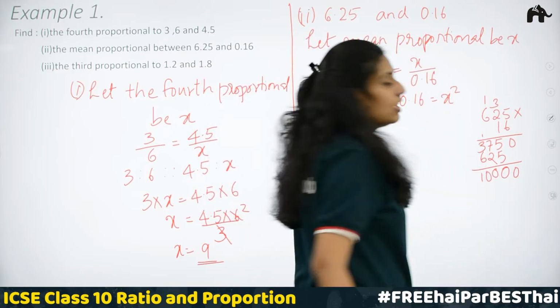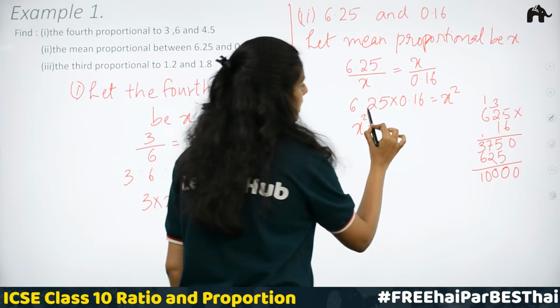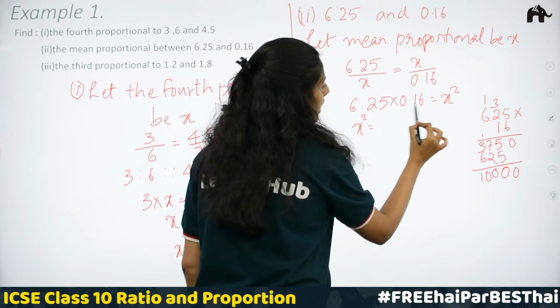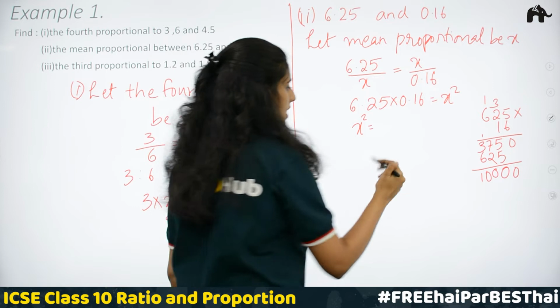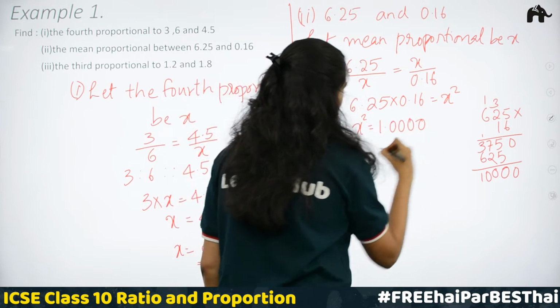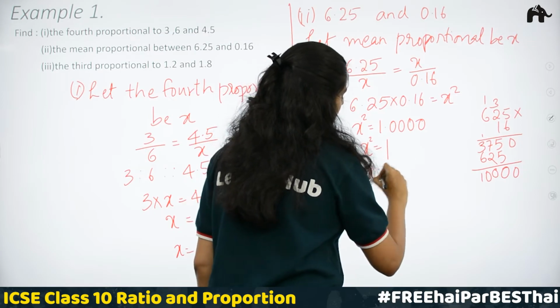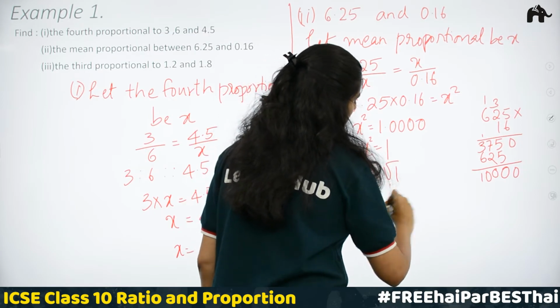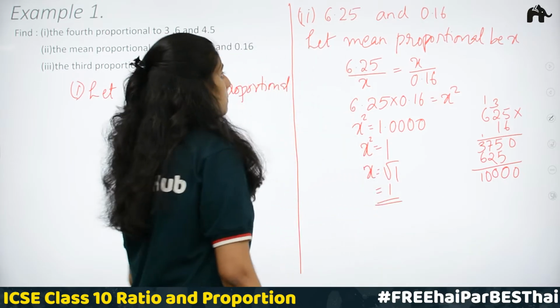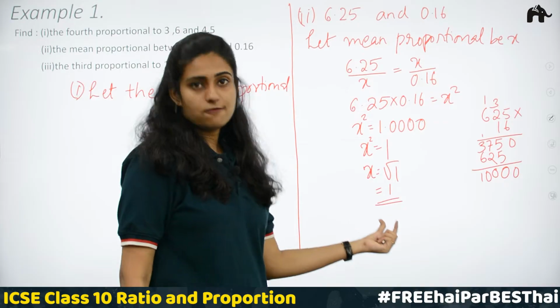Okay. We got 10,000. Now here, check the points. Here, 2 decimals. Here again, 2 decimals. Therefore, 4 decimals. 1.0000. That is x square is equal to 1, or x is equal to root 1, which is equal to 1. Okay. The mean proportional value x is equal to 1.